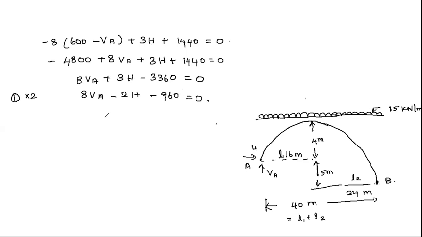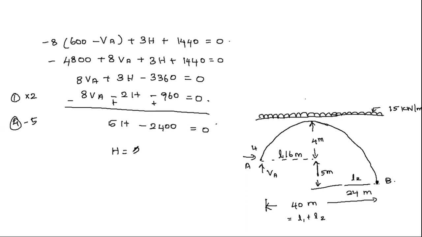Subtracting, we get 5H minus 2400 is equal to 0, which implies H is equal to 2400 divided by 5, which is equal to 480 kilonewton.